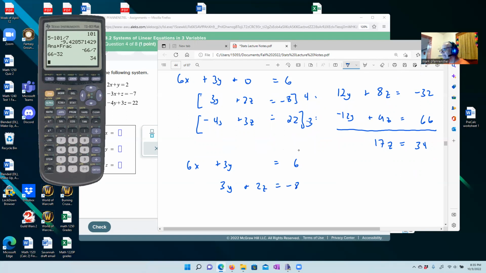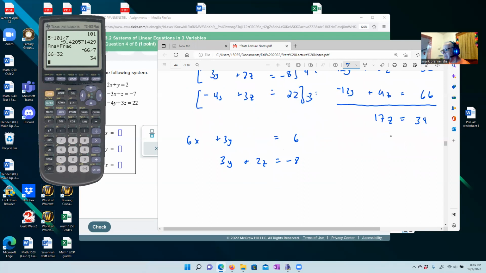Even though I did multiply it, I only did so temporarily to add it, and we're not really changing it. Once we got that next equation, we don't need to do anything more with this. And our new and improved equation 3 is 17z equals 34.